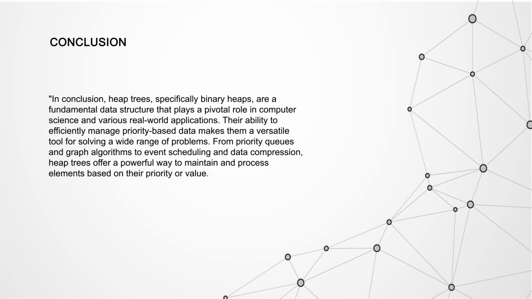Heap trees offer a powerful way to maintain and process elements based upon their priority or value. As we explored throughout this presentation, heap trees provide efficient operations such as insertion, deletion and retrieval of highest and lowest priority elements, and the logarithmic time complexity for these operations, as well as their suitability for dynamic scenarios, make them a very good data structure where efficient priority management is crucial.